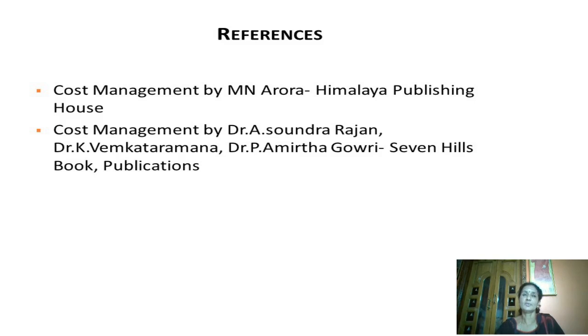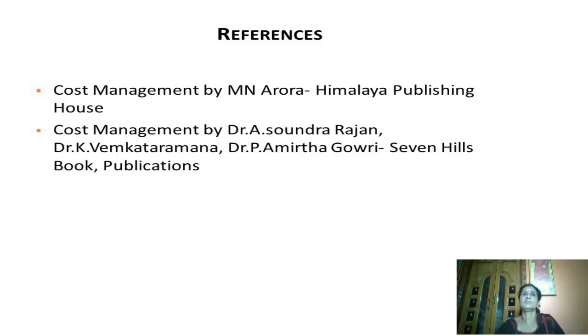One of the best examples for variable is materials. If you want to manufacture more units, materials consumed also will be more. If you want to manufacture fewer units, the materials used also will be less. It is applicable even to labor also.